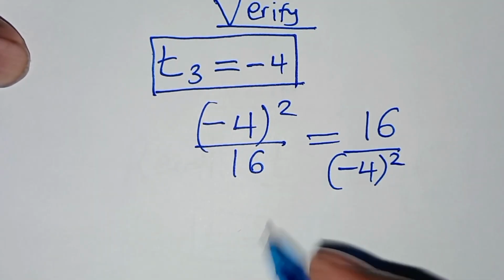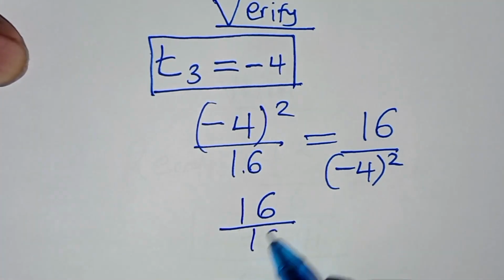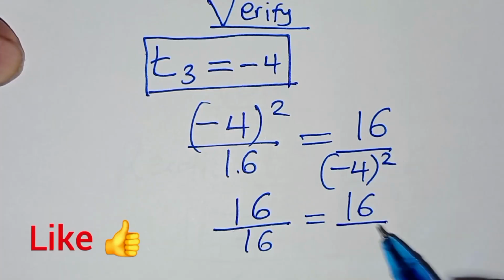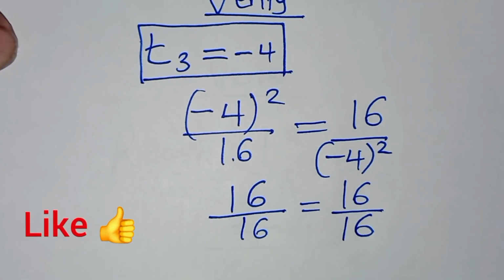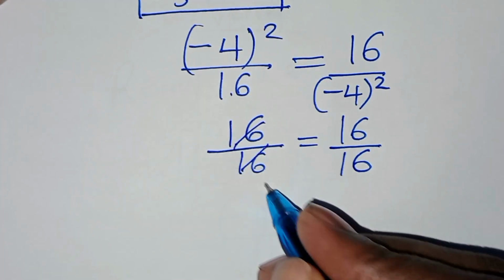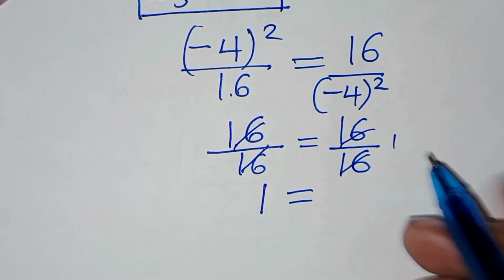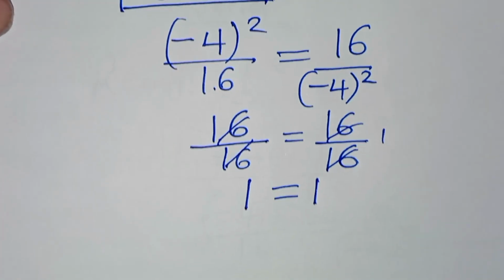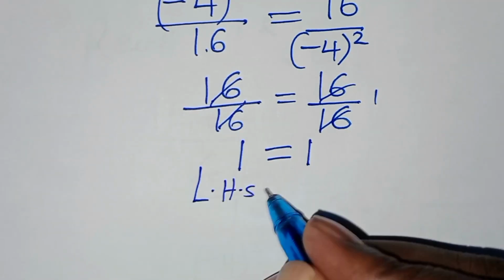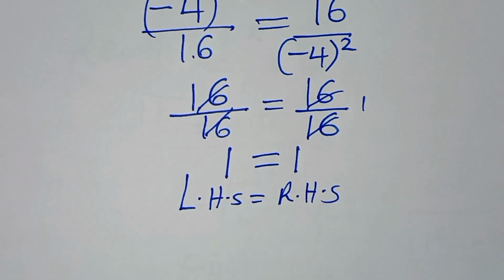So minus 4 squared is 16, so 16 divided by 16 is the same thing as 1, and 16 over 16 is also equal to 1. So this implies that the left hand side is equal to the right hand side.